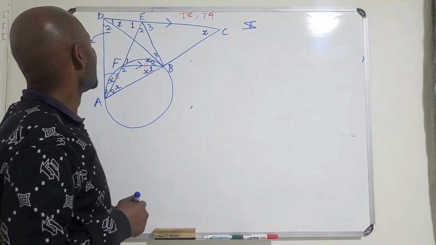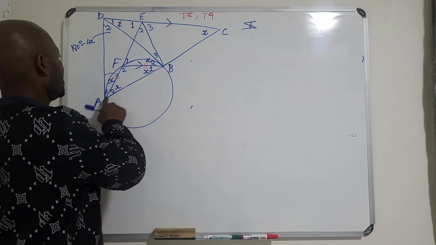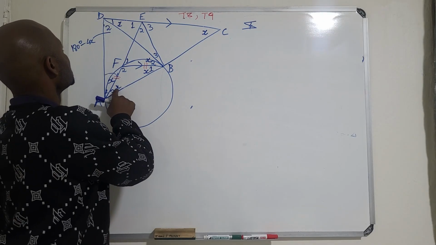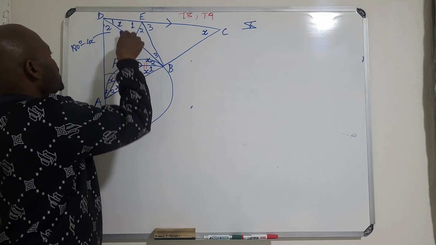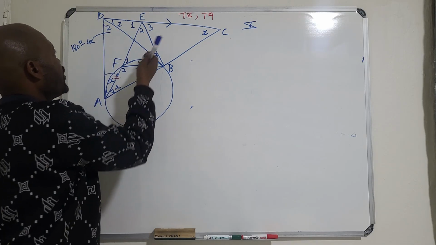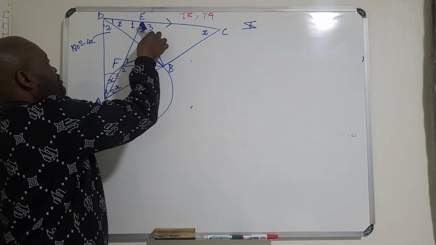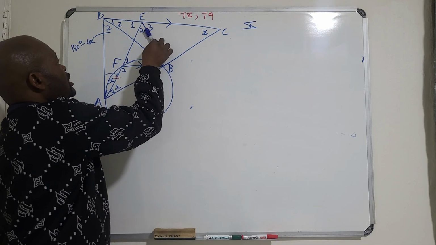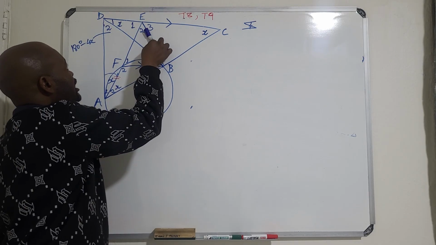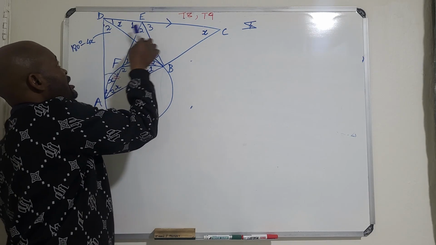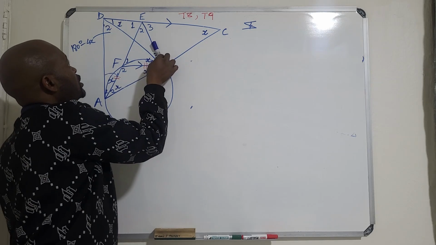Here we can see that A2 is equal to D1. Therefore, these angles are equal. They are subtended by line ED on the same side of this line.